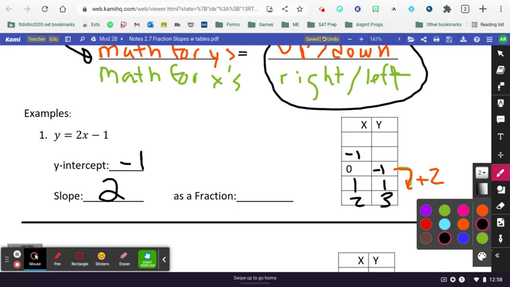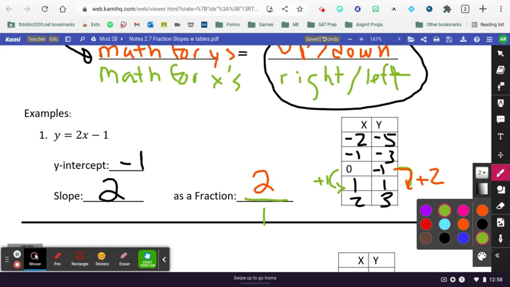When we go upwards, we'll have -3, and then upwards again, we will have -5. Now notice here too, as we go down on our x side, we're adding by 1s. So when we rewrite slope as a fraction, it's 2 over 1.